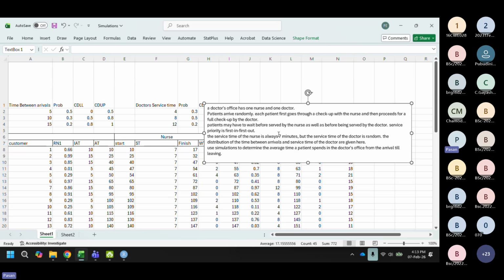It can also be a random number and can vary as well. So for simplicity, I'm taking 7 here, and later on I can change this to a random number as well and see what modifications we get, right? And then the service time of the doctor is a random number, right?